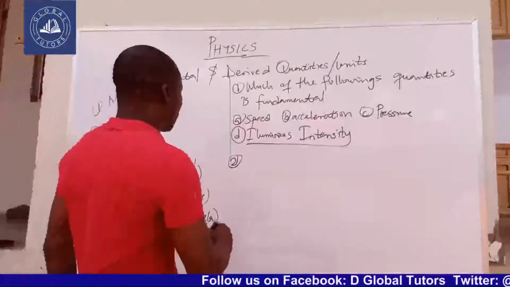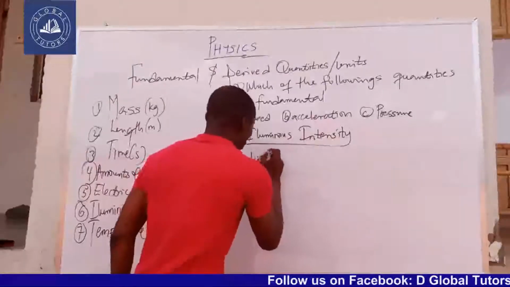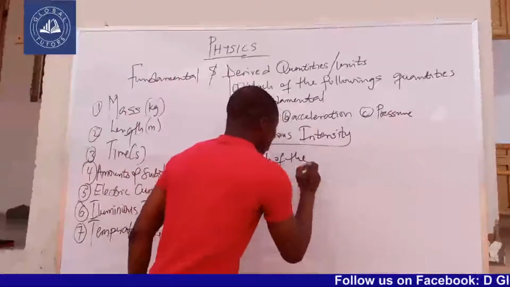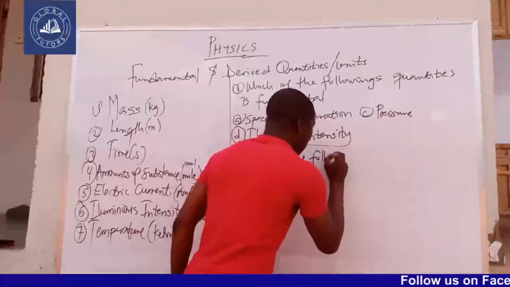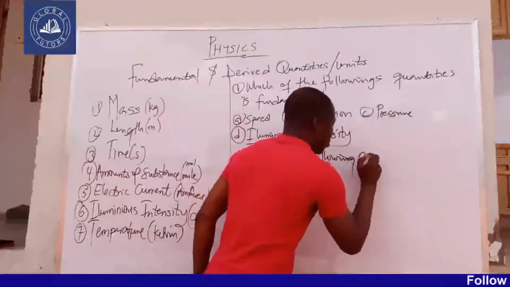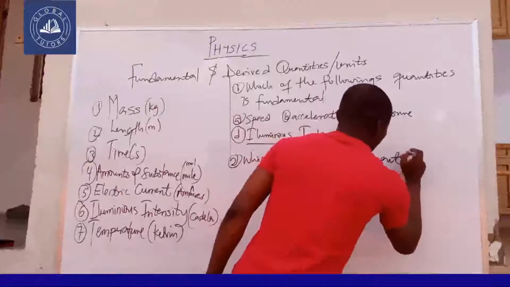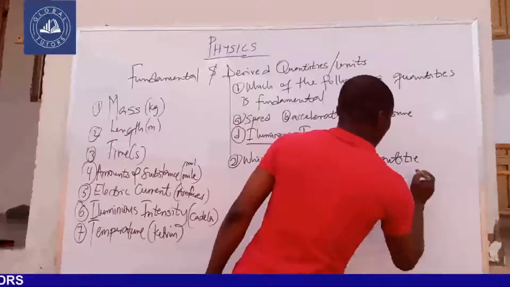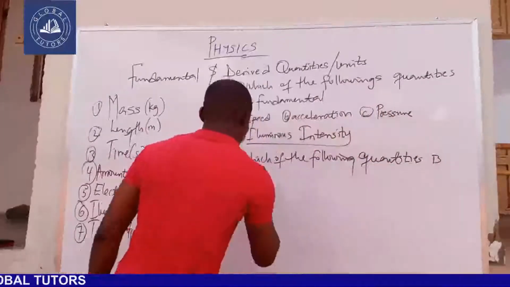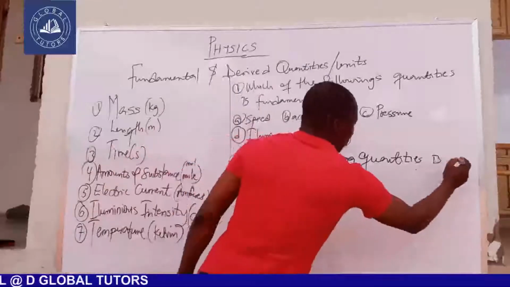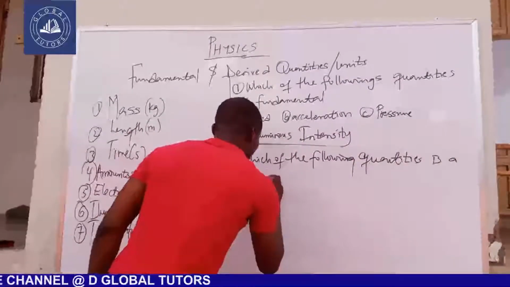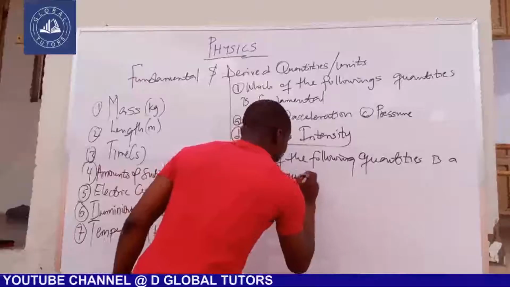which of the following quantities is a derived quantity?